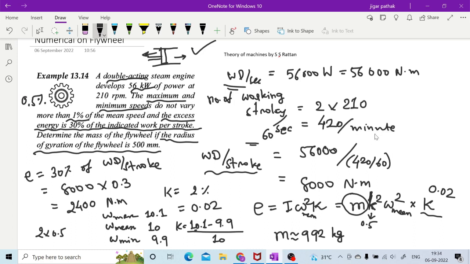You need to convert it into seconds, so it is 420 by 60. So this is strokes per second. Now work done per second divided by strokes per second will give you work done per stroke. Are you getting?